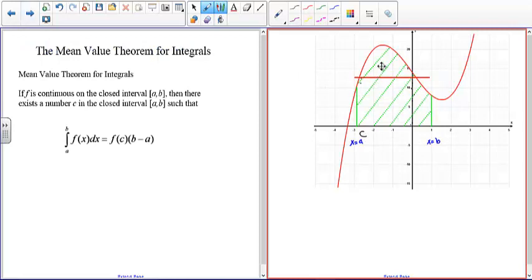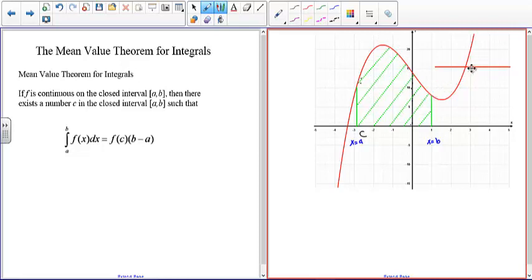So let me just demonstrate it here. We have another curve. We're looking for the area between x equals a and x equals b for the red curve, which is above the x-axis.